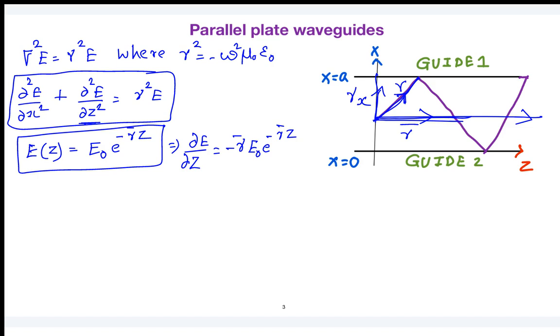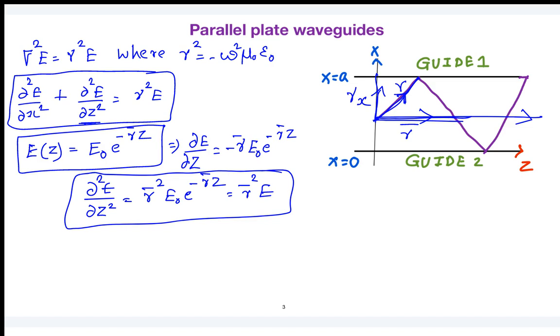Then dou square E by dou z square is equal to gamma bar square into E naught e power minus gamma bar z. So that is the same as gamma bar square into E. Please cross check, and if there is anything wrong, you correct it. Is it correct?